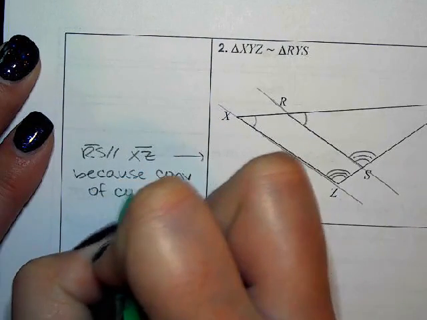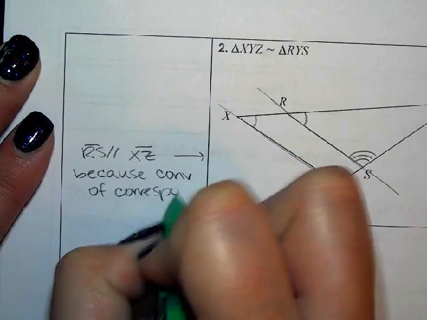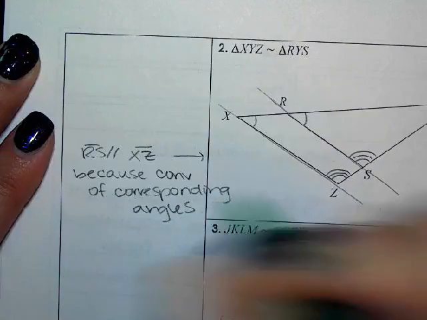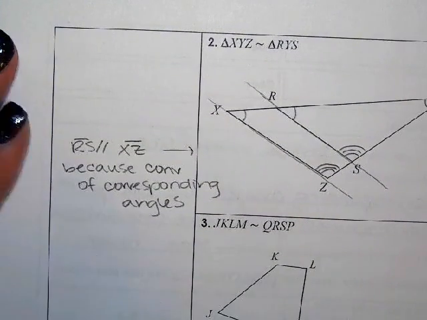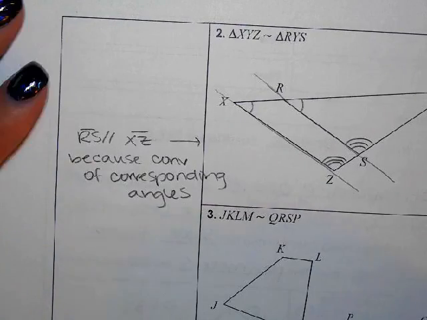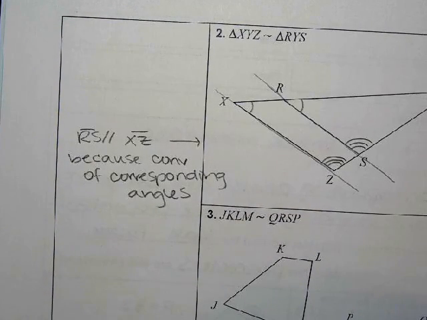That is not part of these notes. I just thought it was something interesting that showed up in the notes. So it was not something we were supposed to fill out, but it is interesting that it showed up. So those happen to be parallel, because we got corresponding angles here and corresponding angles there that are congruent.